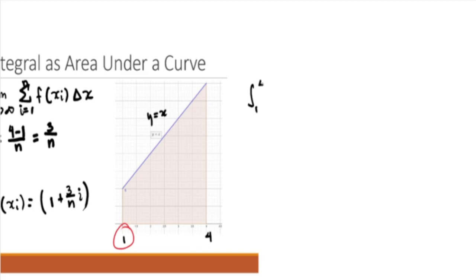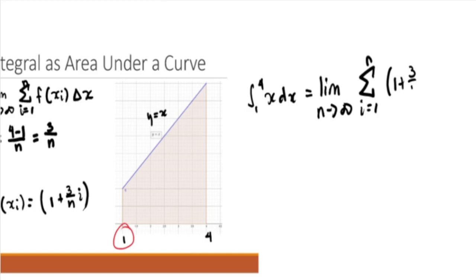So that is the definite integral from 1 to 4 of x dx. This is the limit as n approaches infinity of the sum of f of x sub i times delta x. Okay, now similar to the previous example, what we did was take out the n because the value that adjusts here is the value of i.